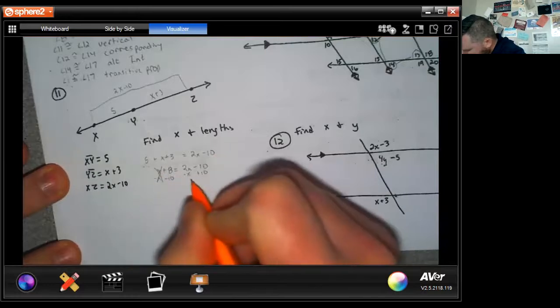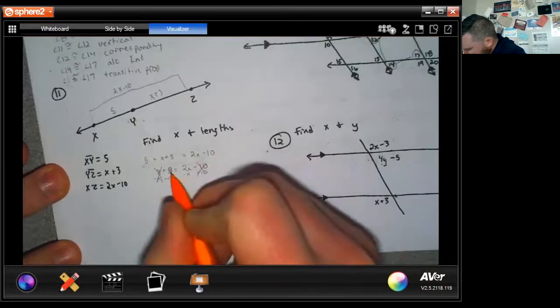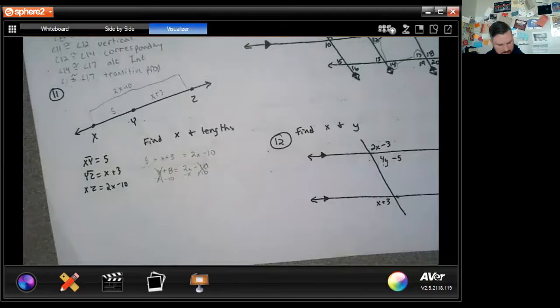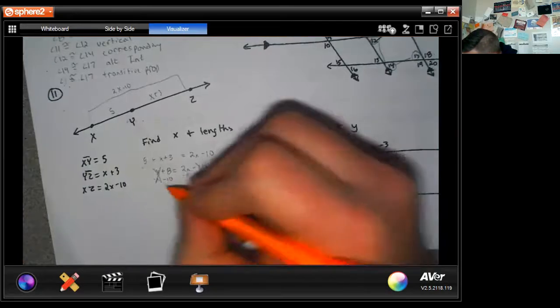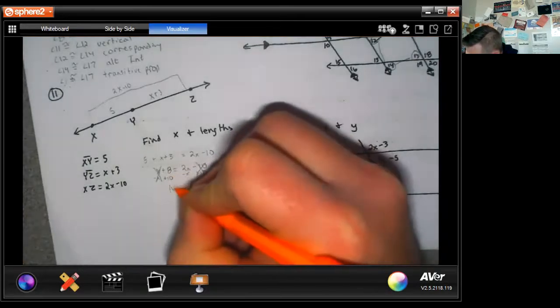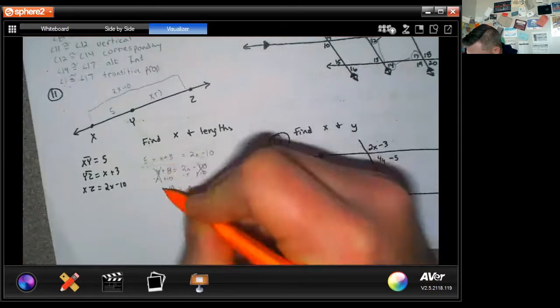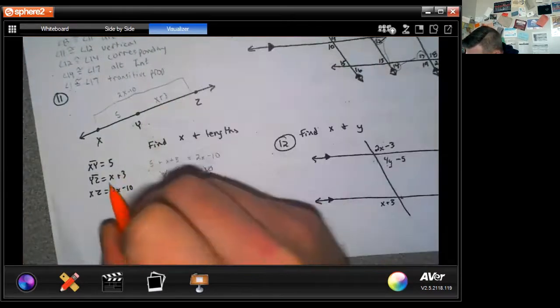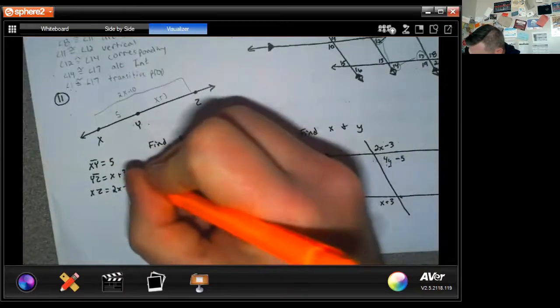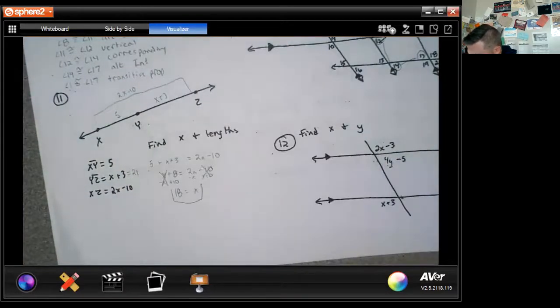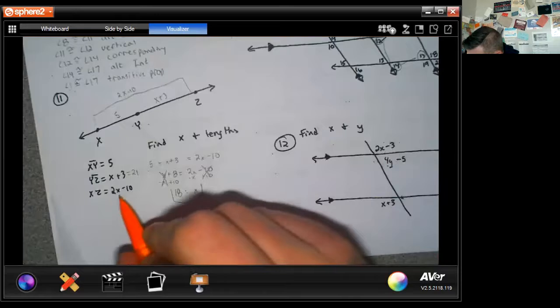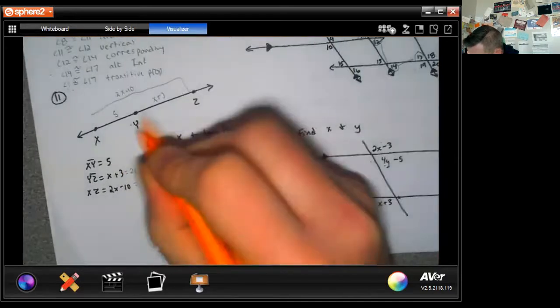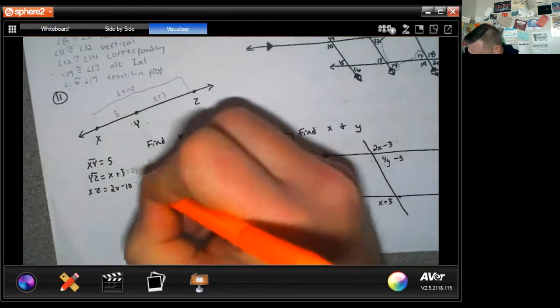Those cancel. So 8 plus 10 is 18 equals x. So x is 18. So that means that this length right here is 18 plus 3, which is 21. And then this one is 21 plus 5. Add those two together, you get 26.